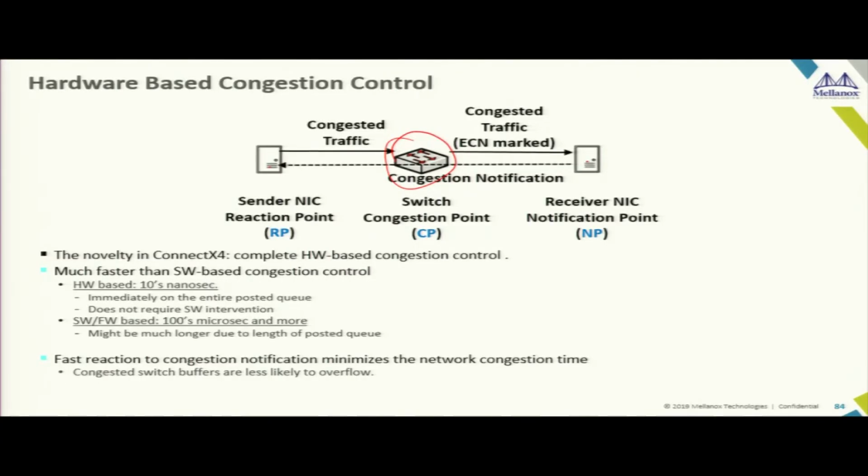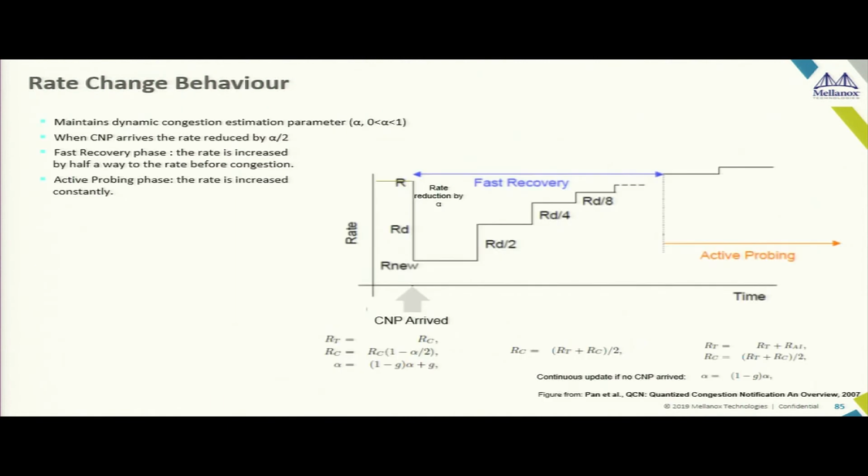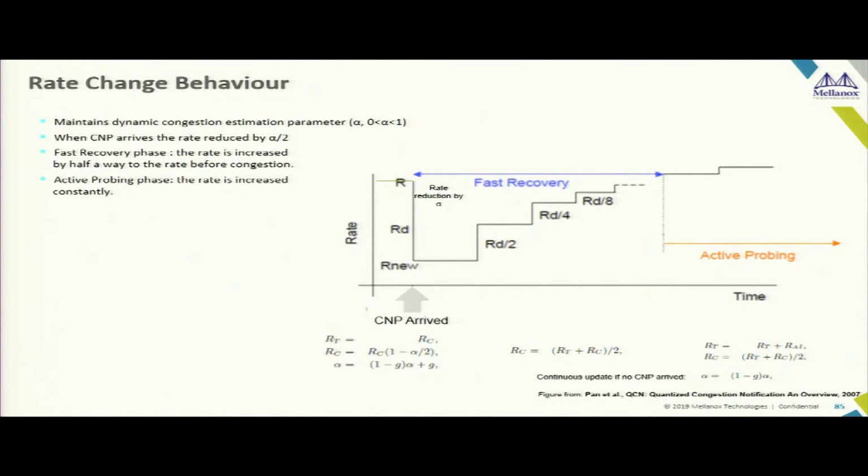Of course, we don't do just on and off of ECN bit marking. There is a very complex algorithm of when and what amount of packets to mark with the ECN bit, when to increase the probability of those markings, and so on. These are the IPs and the patents that companies have.